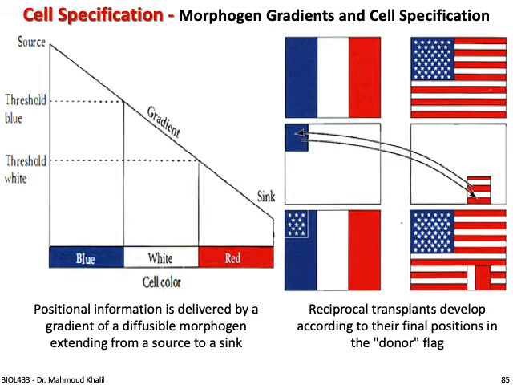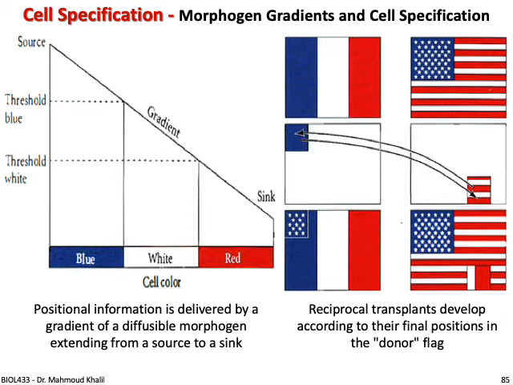When the concentration decreases until it reaches the threshold of blue, the color changes into white, and when it reaches the threshold of white, the color changes into red. That means the color change is a reflection of the concentration of the gradient.